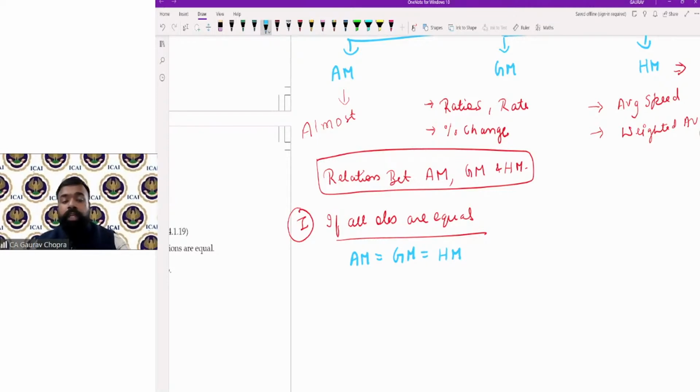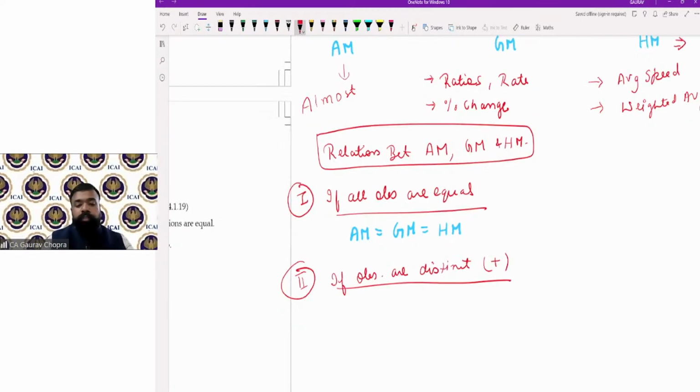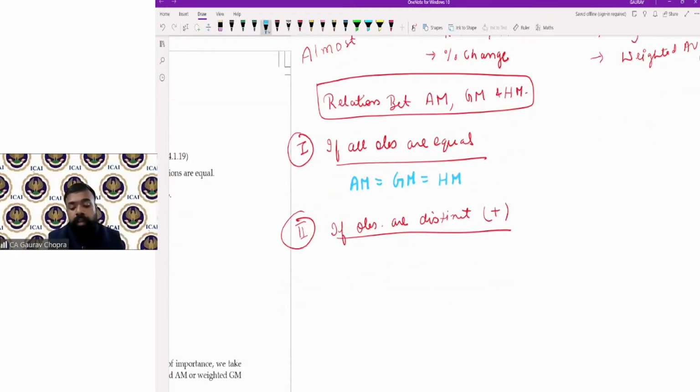Equal. AM equal to GM equal to HM. But if observations are distinct and positive, सारी positive हैं, then arithmetic mean will be the highest. So AM will be greater than GM and GM will be greater than HM.